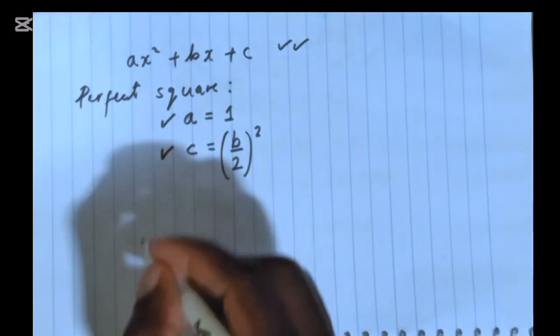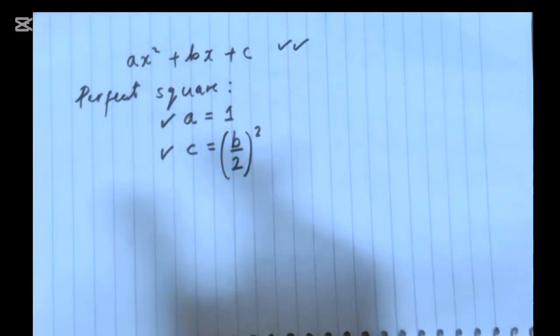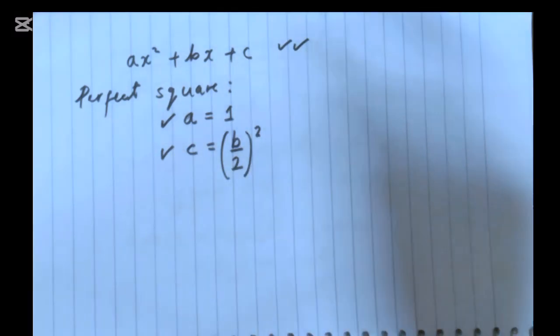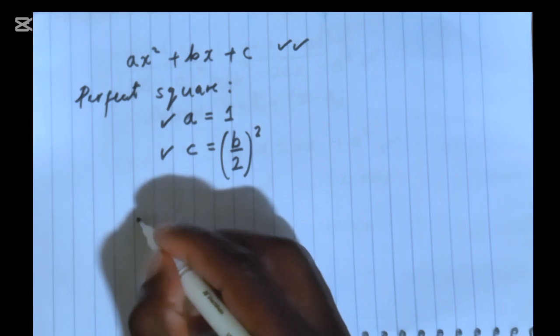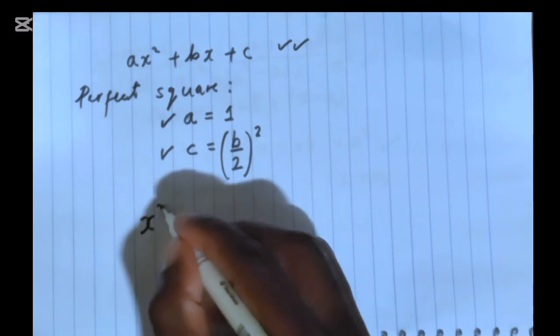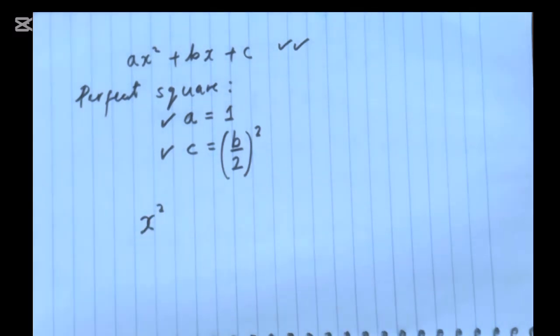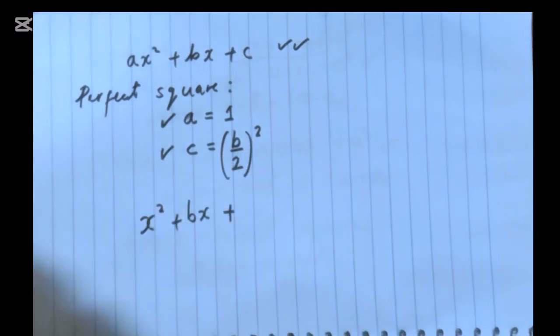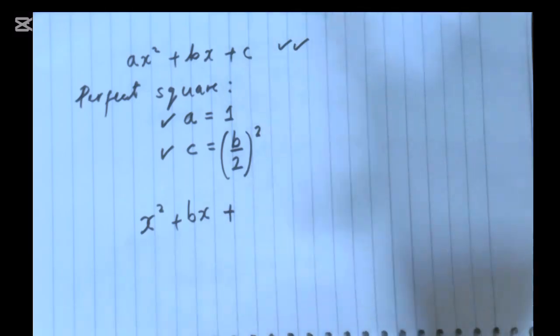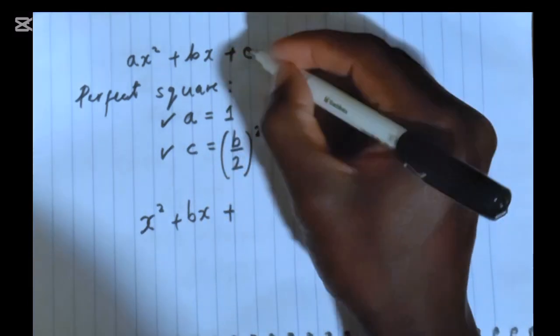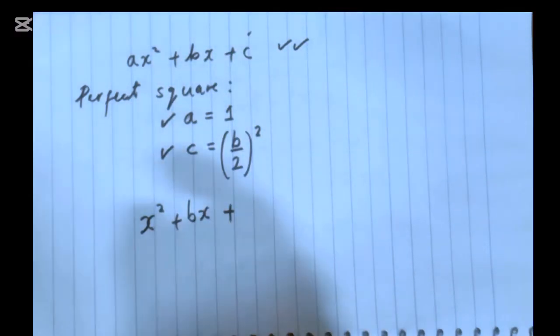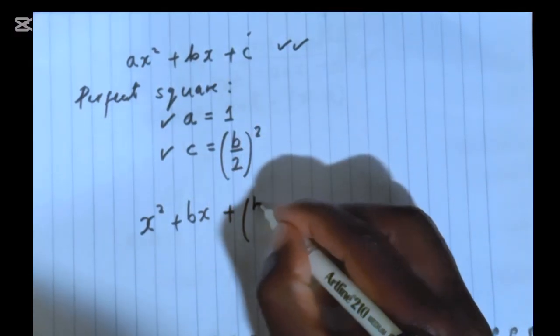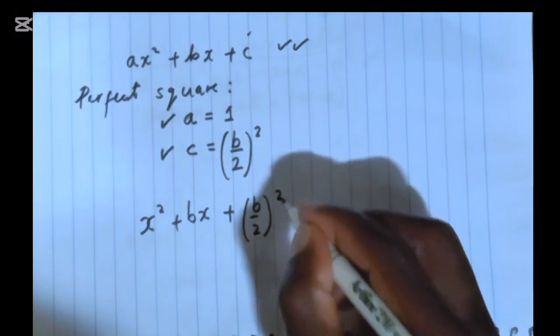So basically, for us to form a perfect square of a quadratic expression, we need it in the format x squared, where a is equal to 1, plus bx, plus, now remember, c should be equal to (b over 2) squared. So instead of writing c, we will have it written as (b over 2) squared.